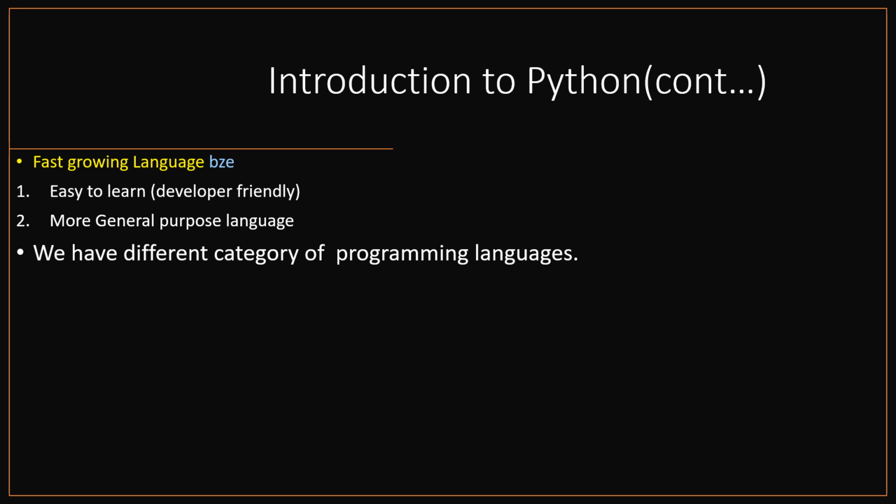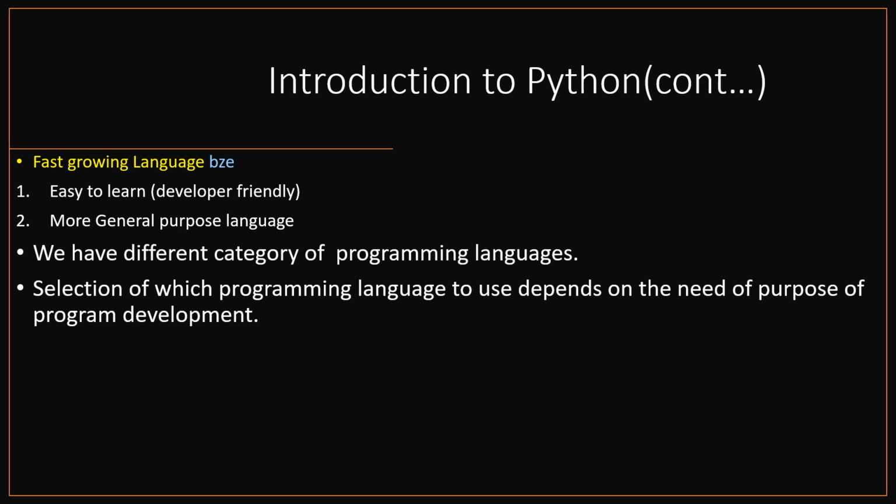So based on the purpose, we can categorize programming languages into two types. The first one is general purpose programming language and the next one is domain specific programming language. I will explain what each means.